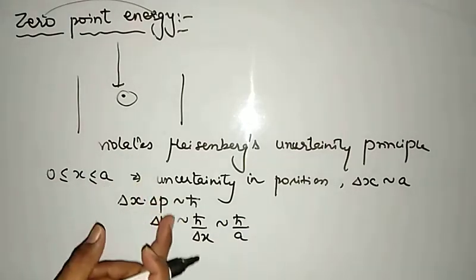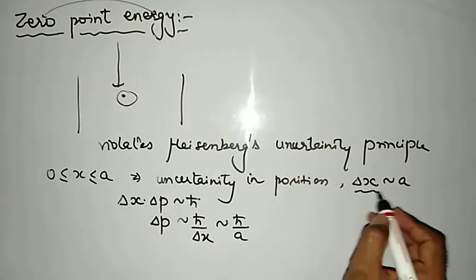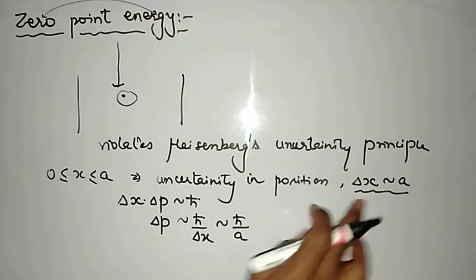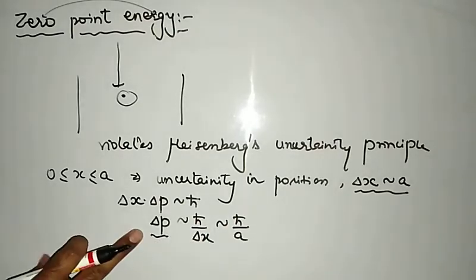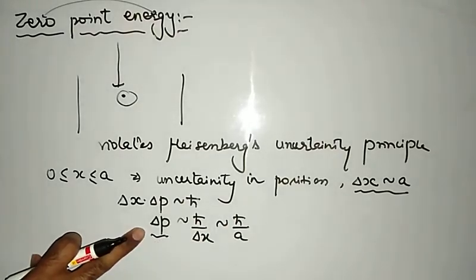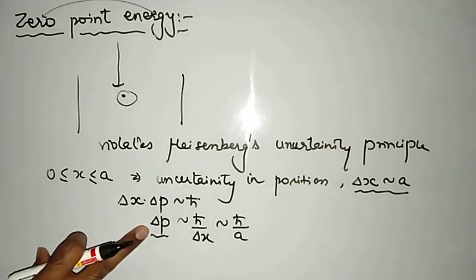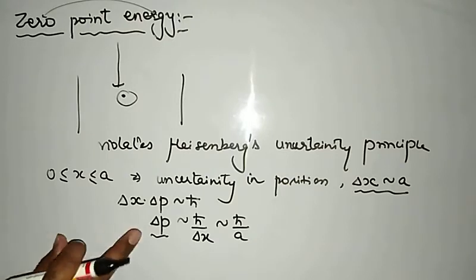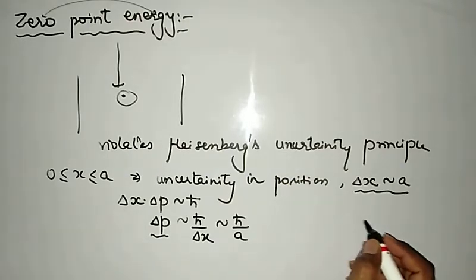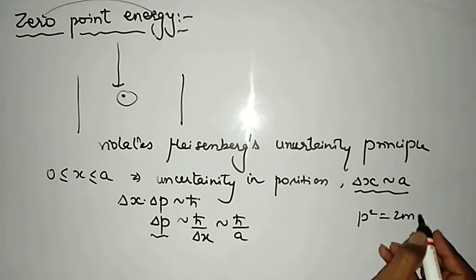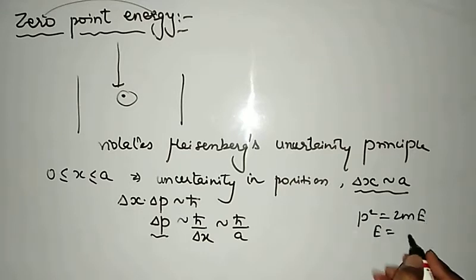So, if the particle is in this region, it has uncertainty in position and also minimum momentum uncertainty. And if this is so, then we also know that p square is equal to 2mE, or E is equal to p square upon 2m.